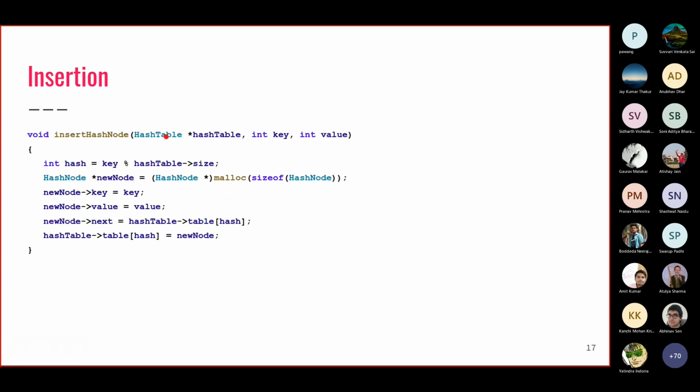And while doing the insertion, I'm taking the hash table, the key, and the value. First I'm determining the hash value. The hash value can be gotten as explained in the paper: key modulo the hash table size. And then we are initializing a new node, putting the key and value in the particular fields, and then adding the node to that particular location.